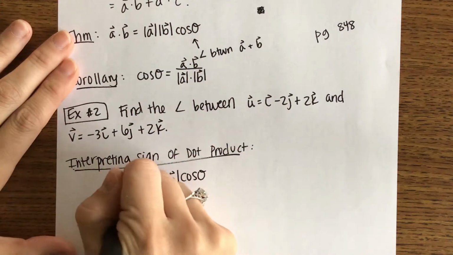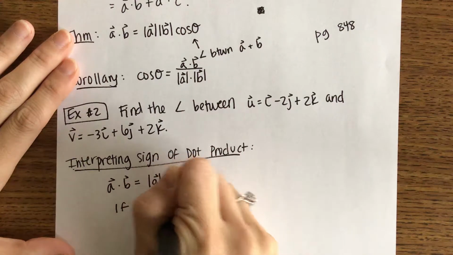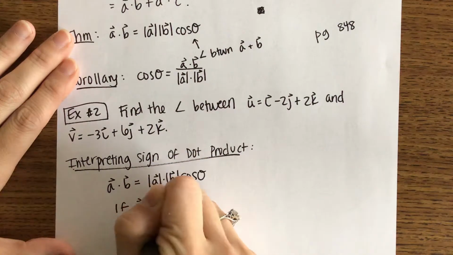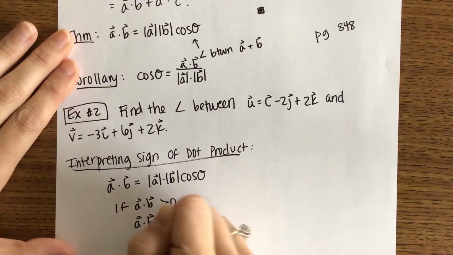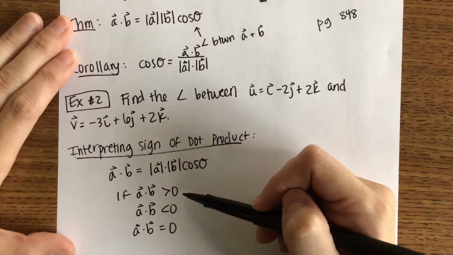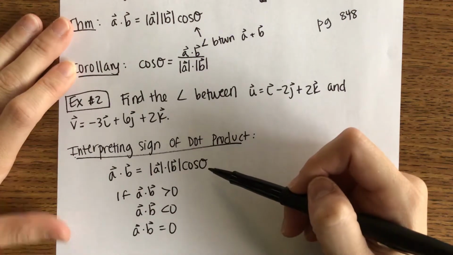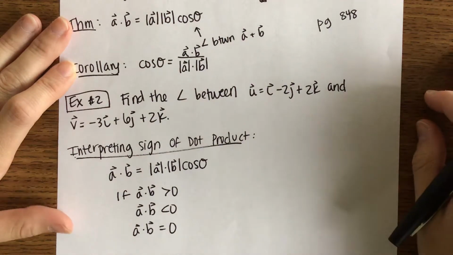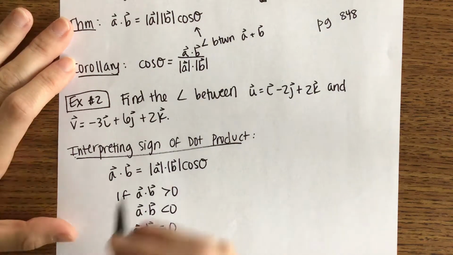So we have three different cases. That dot product could be positive, could be negative, and maybe it could be 0. If the dot product is positive, that means that cosine of theta is positive. What does that tell us about A and B then? Right, the angle between A and B is acute.